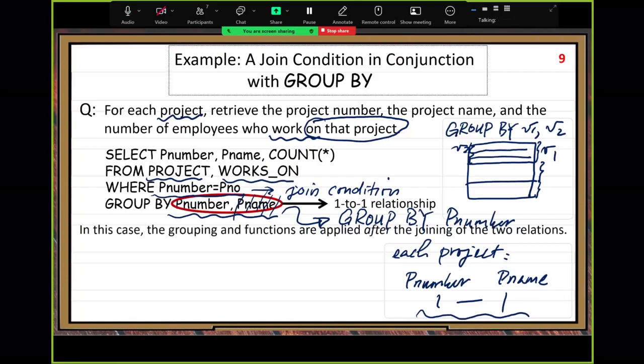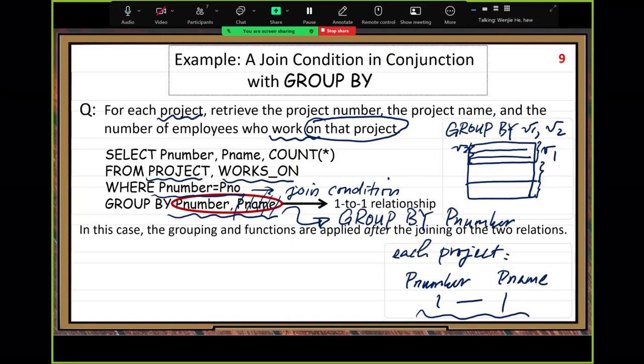In this case, the grouping and the function apply after joining the two relations. So you need to join two tables, right? After you join two tables, you get a larger table, so many rows. Or whatever the table is, larger or small.